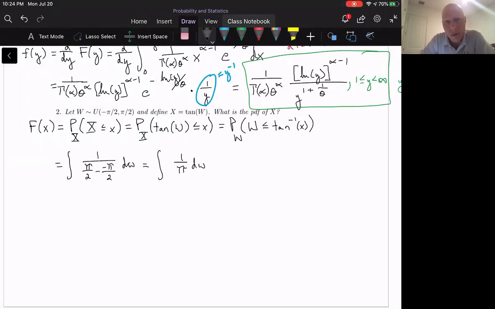What are the bounds for the integral? What's the lower bound? Remember, we're integrating with respect to W, and you know the support of W is inherently given in its distribution.